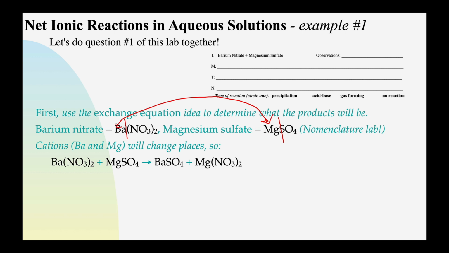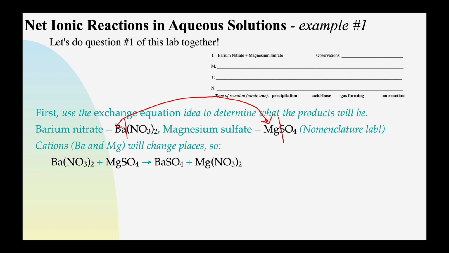Most of the time, things that are nitrates will be AQ. So the barium nitrate and the magnesium nitrate, you can put AQ next to. The ones that I wouldn't be as certain about initially would be the MgSO4 and the BaSO4. But if you look up the sulfate line of that solubility table, you'll see that most sulfates are soluble. So MgSO4 would be an example. But barium is one of the exceptions to that.